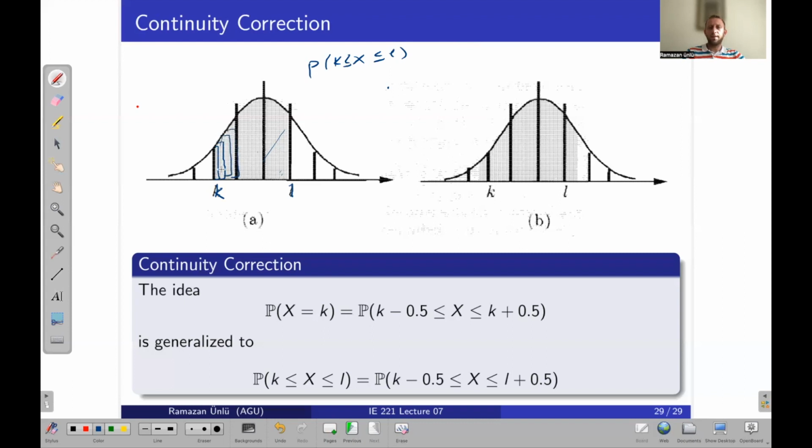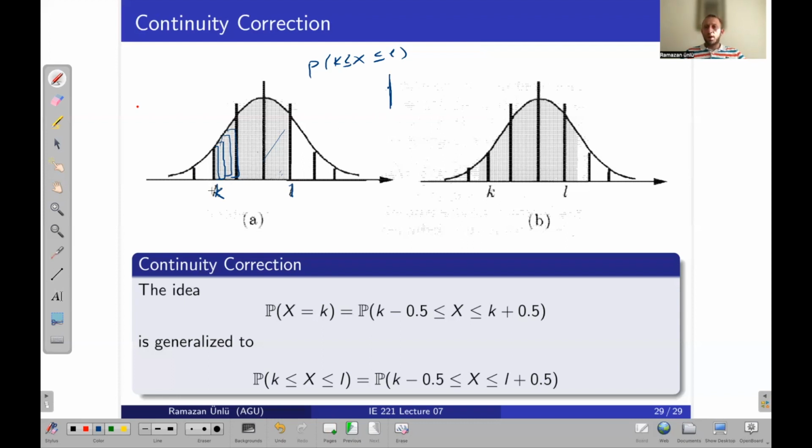And at the end, the sum of the areas of all these rectangles will give the area of this region. Okay, this is the basic logic behind the approximation. But at the exact point K, there will not be a rectangle, right? That will be a line like that. That means I cannot calculate the area at this point.